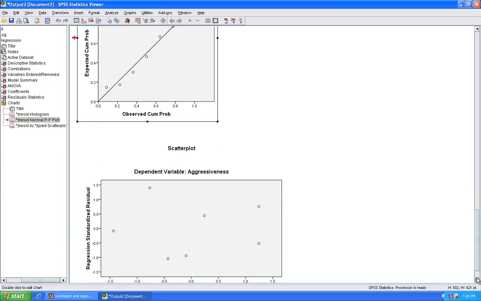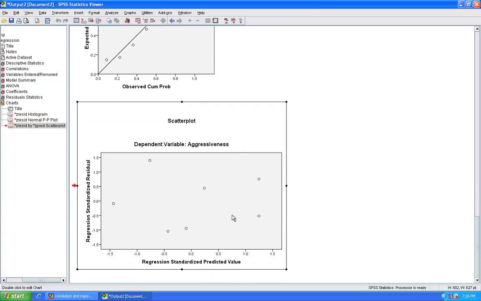The last piece of information that we want to look at is a graph of the residuals versus the predicted values. And what we are looking for in this graph is just a random scatter of points. I don't see any pattern in this data, which means there is no pattern in my error terms.